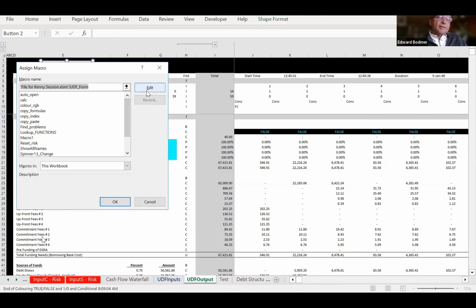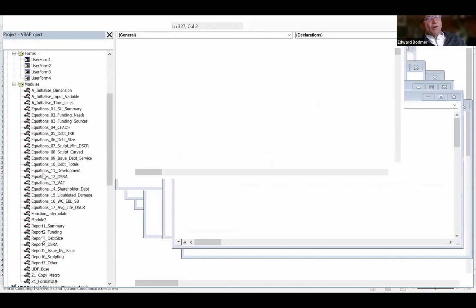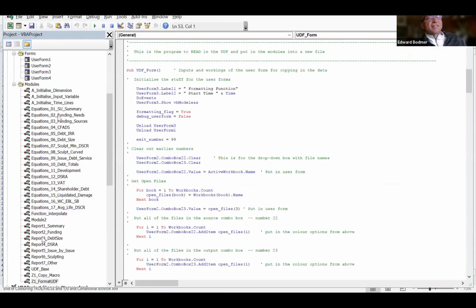If you notice, it's got all these things. It says funding needs, CFADS, debt sizing, the DSRA. Think of these as different pages of your model. We could just look at the CFADS for a minute.